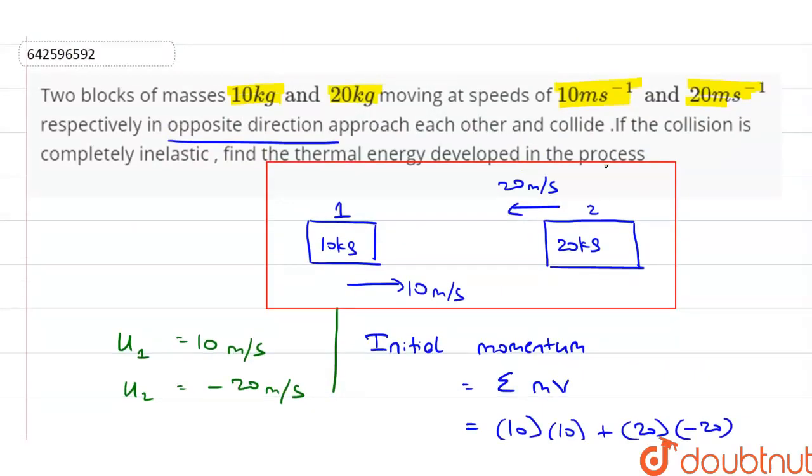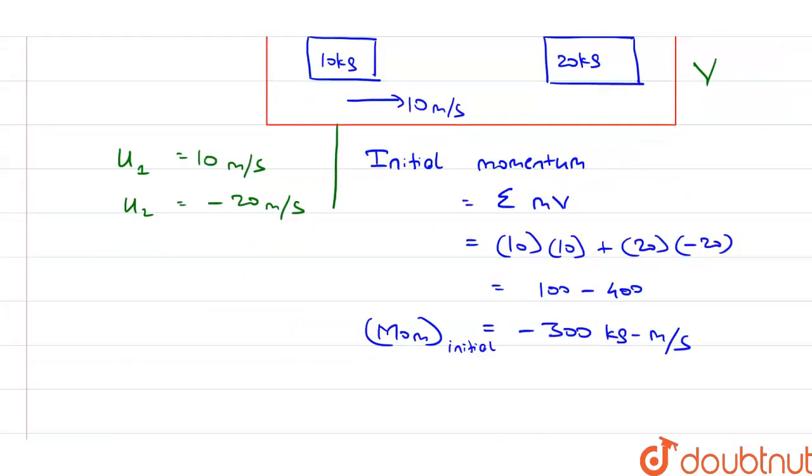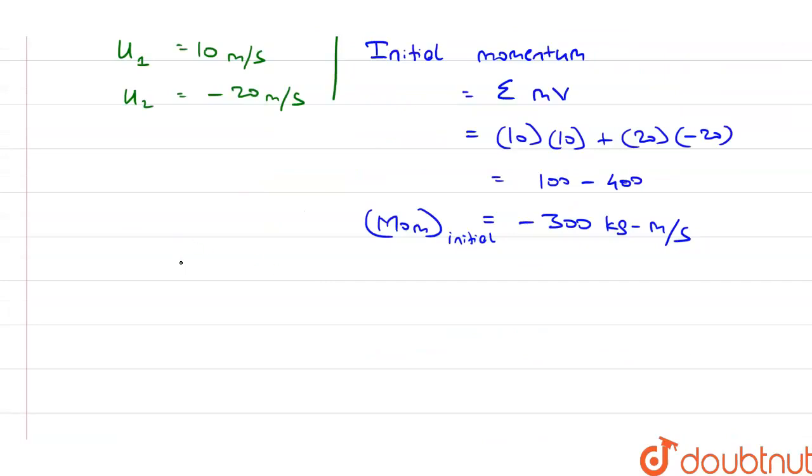We are told that this is a completely inelastic collision. So after collision, both these masses will join together and move with a common velocity V. So if we write the final momentum, it will be the addition of both the masses, 10 plus 20, multiplied by the common velocity capital V, kg meter per second.